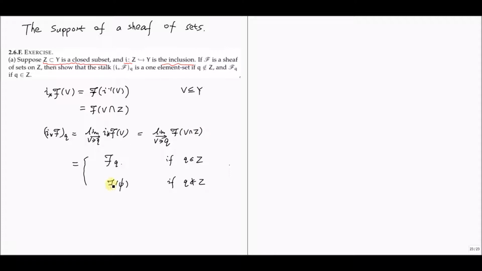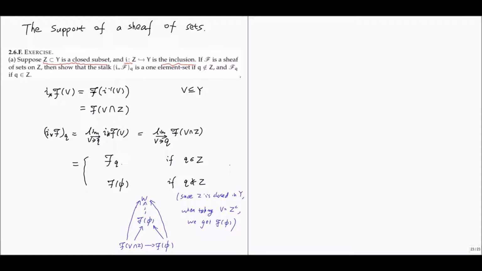But F of empty is a final object. You can easily verify from this cone for this colimit that F of empty is a colimit by the universal mapping property. And this completes the proof of part A.